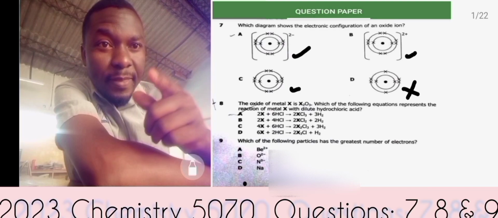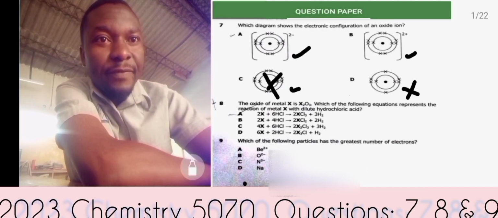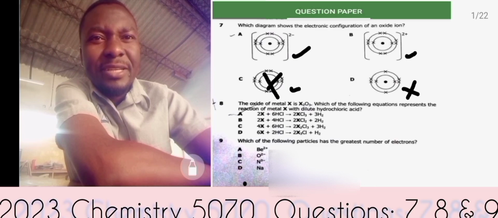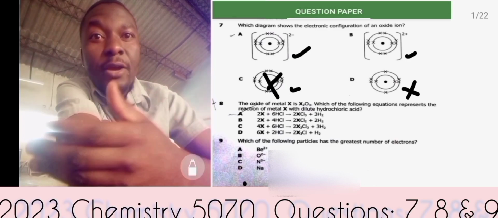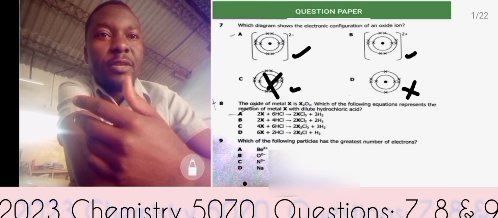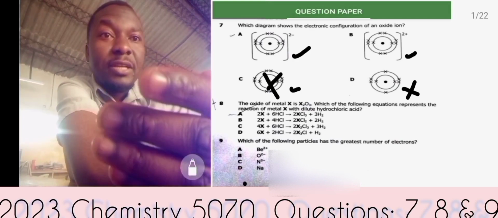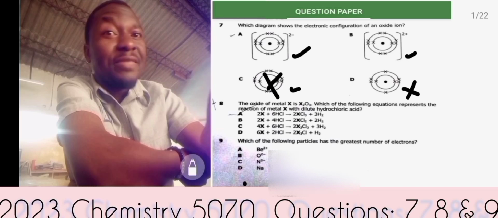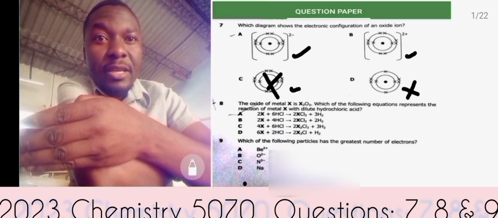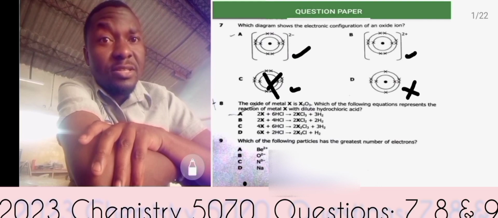Hint number 2, this diagram here is also disqualified because it's not an ion. It doesn't have a charge. Remember, we said an ion is a charged particle of an atom, and this one doesn't have any charge, so we don't know if it's positive or negative. It is neutral, and going to the periodic table, it will not even be oxygen, it will be neon instead.